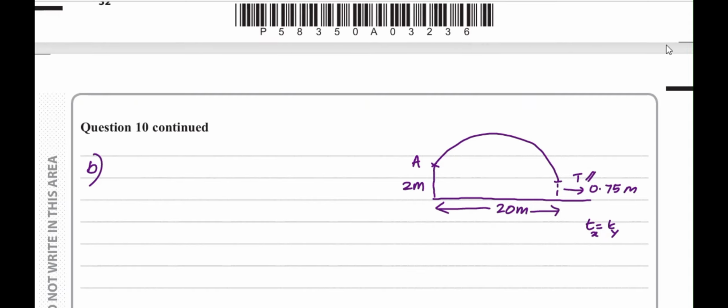Let's see. The horizontal displacement, let us call it Sx, is equal to 20 meters. And the formula for the horizontal displacement is Sx is equal to ut plus half at squared.